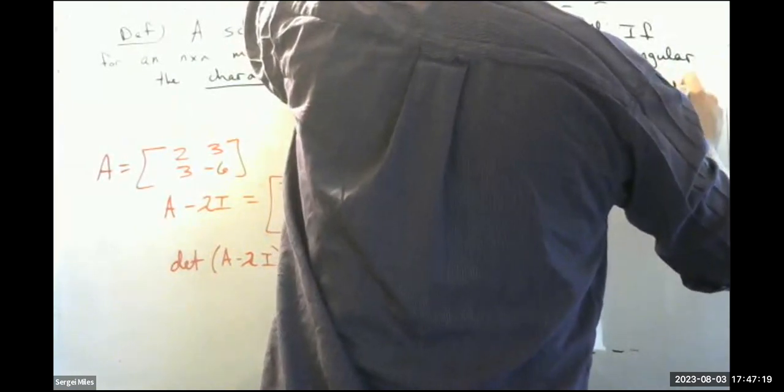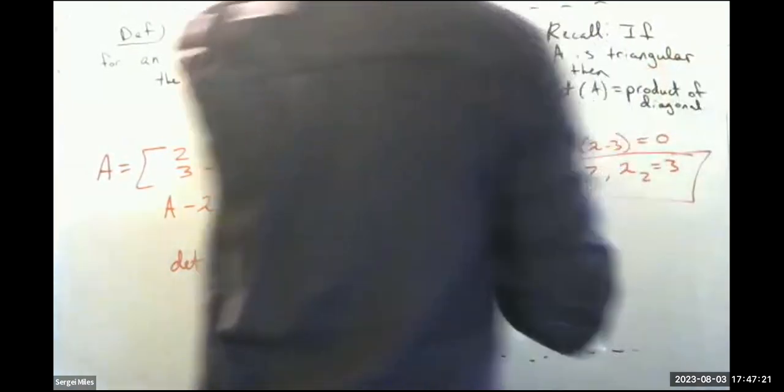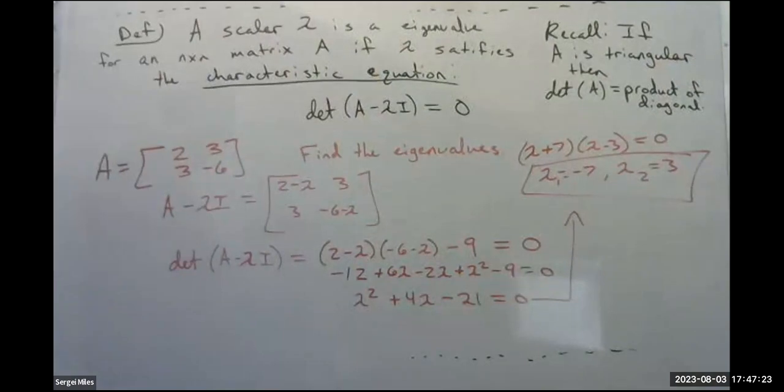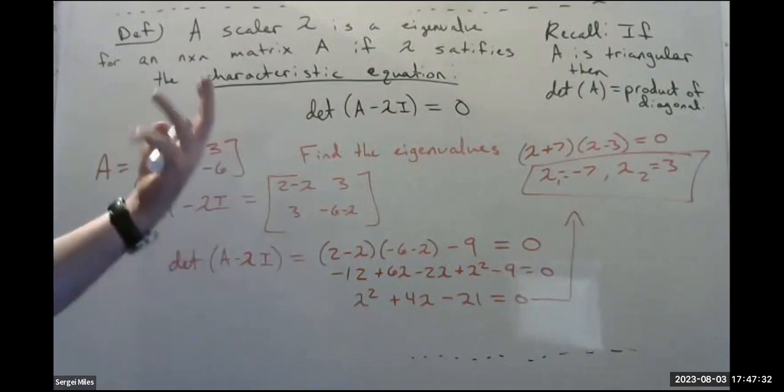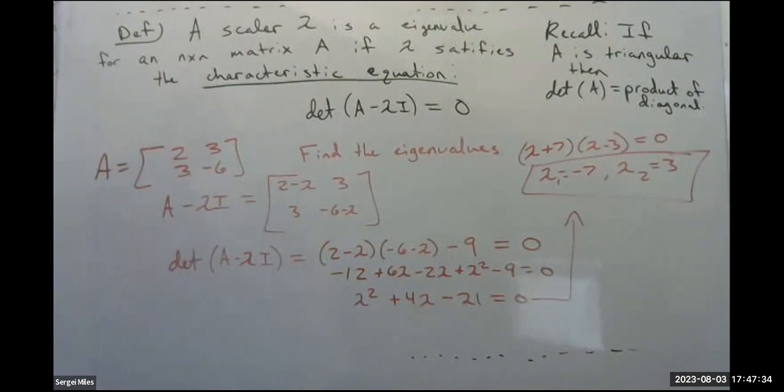Right? And again, this was something we talked about back in chapter 3. We also discussed it again in yesterday's lecture. So we can use this for supposing you have some larger matrix, which is a 4 by 4, then we can find all of our eigenvalues.